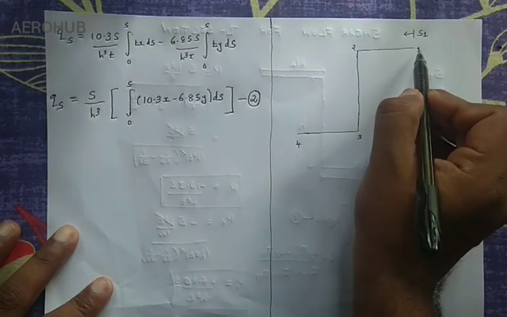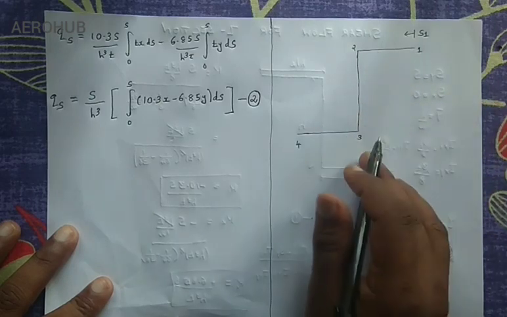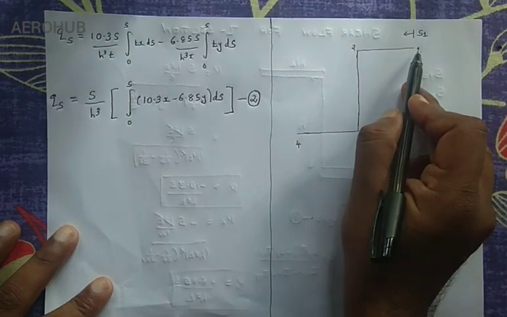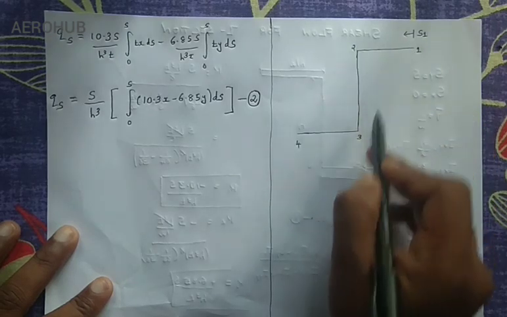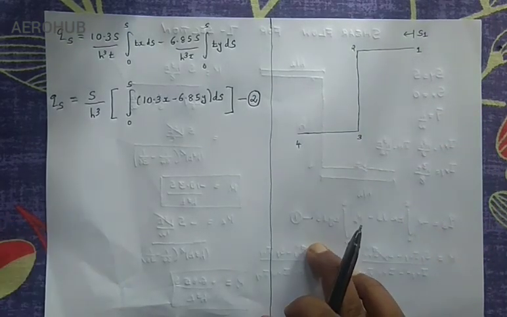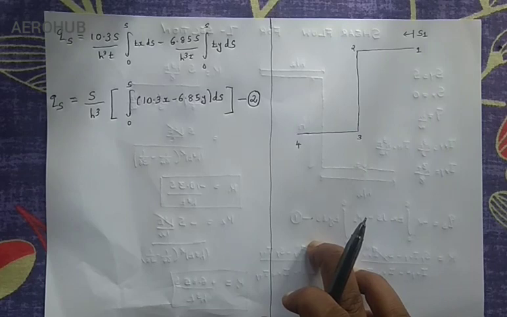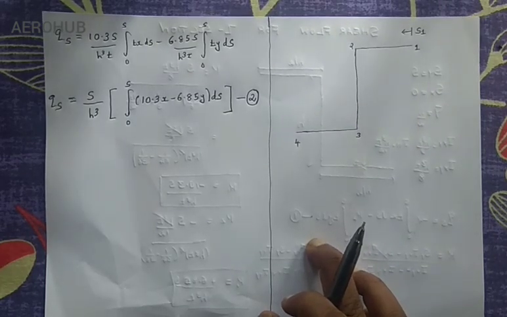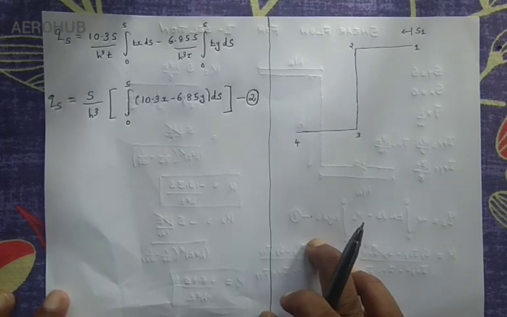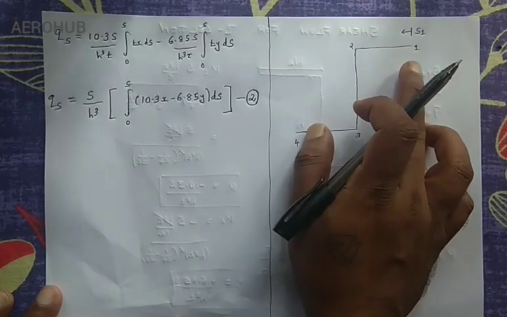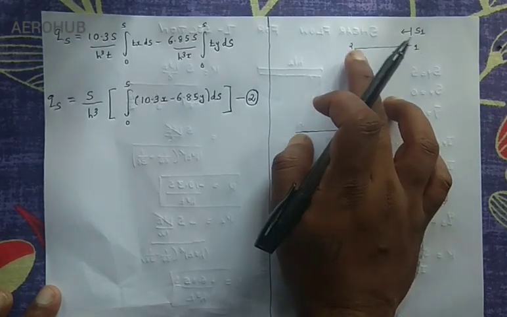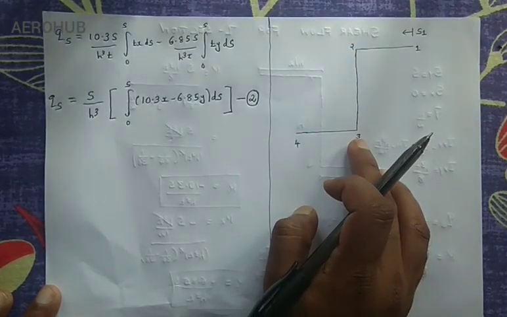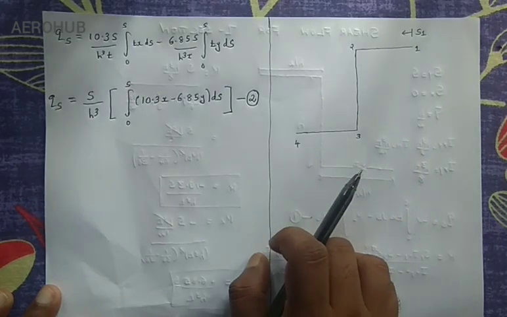For that, you can see in this figure, I have divided this section into portions 1-2, 2-3 and 3-4. Similar to the bending stress estimation, we have to divide the section into different portions. First I will find out the shear flow for portion 1-2, then portion 2-3, then portion 3-4.